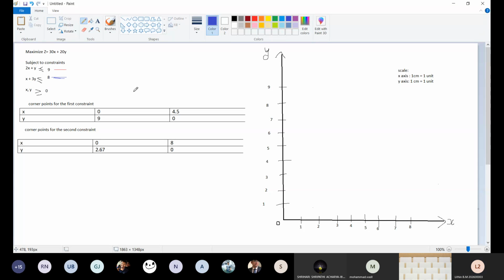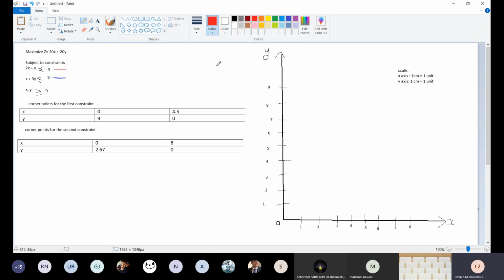So now, for the first constraint, what is x and what is y? You forget the zeros.